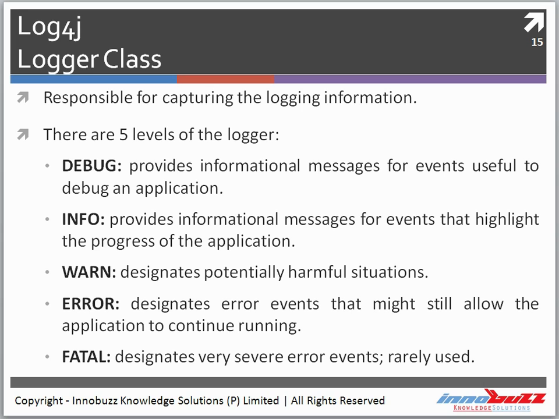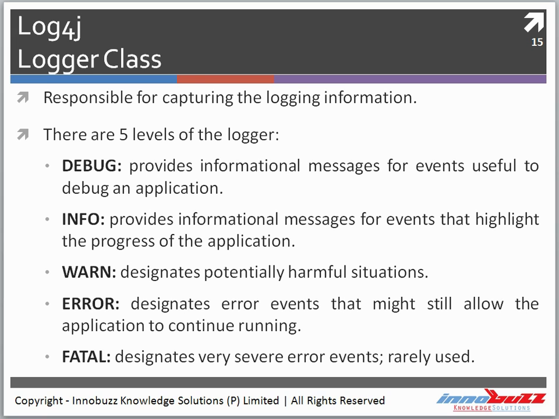Error conditions do not necessarily cause the application to crash, and the application may continue to service subsequent requests. The fatal level is rarely used and usually implies the impending crash of the application or the relevant subcomponent.